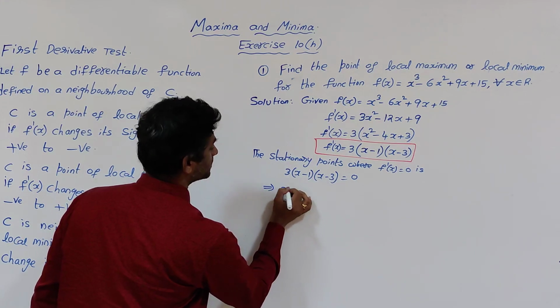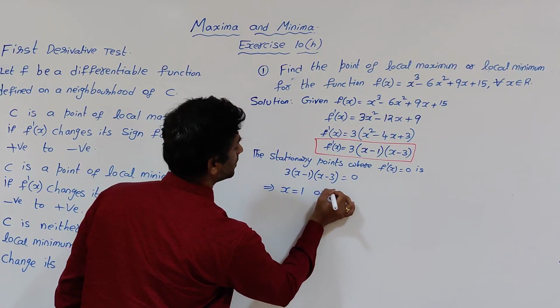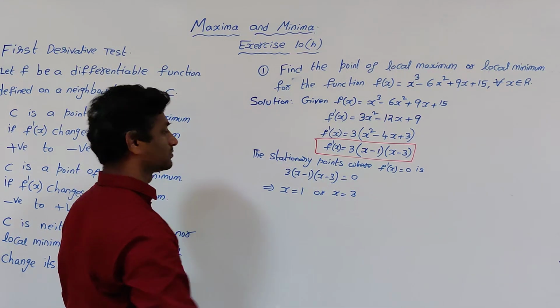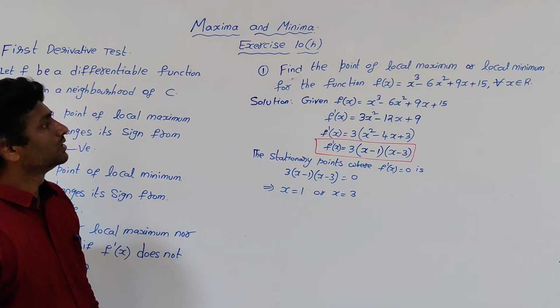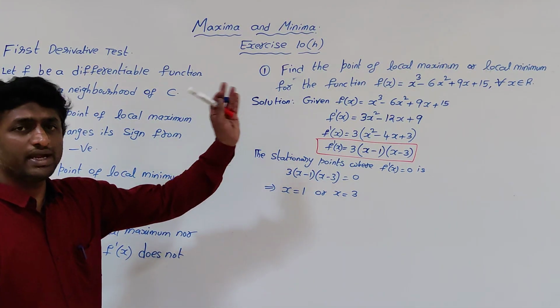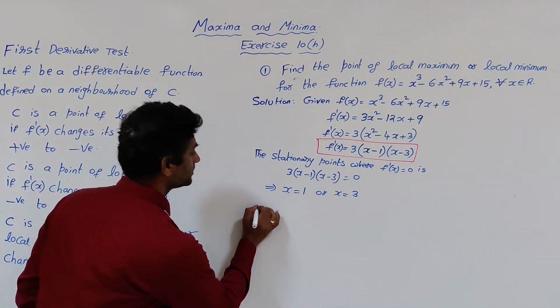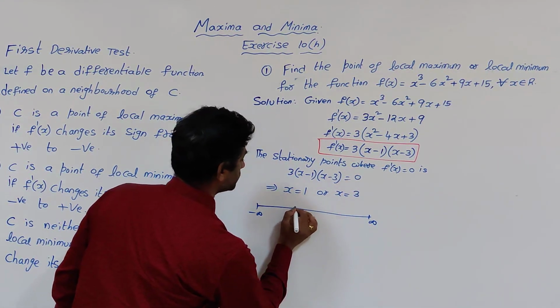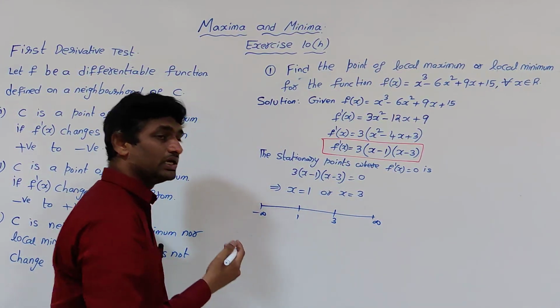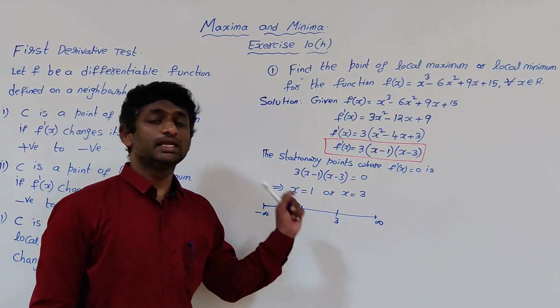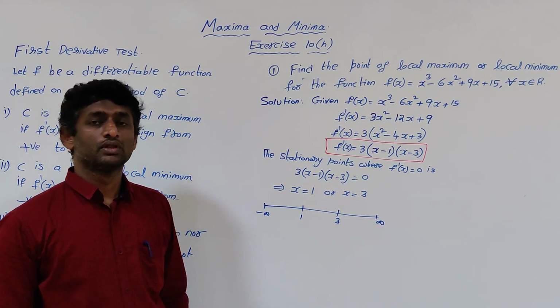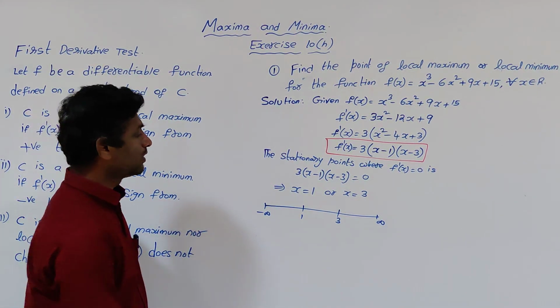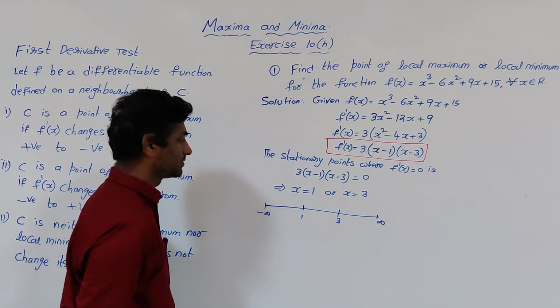So we can have x is equal to 1 or x is equal to 3. Now, divide the domain, that is minus infinity to plus infinity, into subintervals based on 1 and 3, as we did for increasing and decreasing functions. Now 1 and 3 are the stationary points.